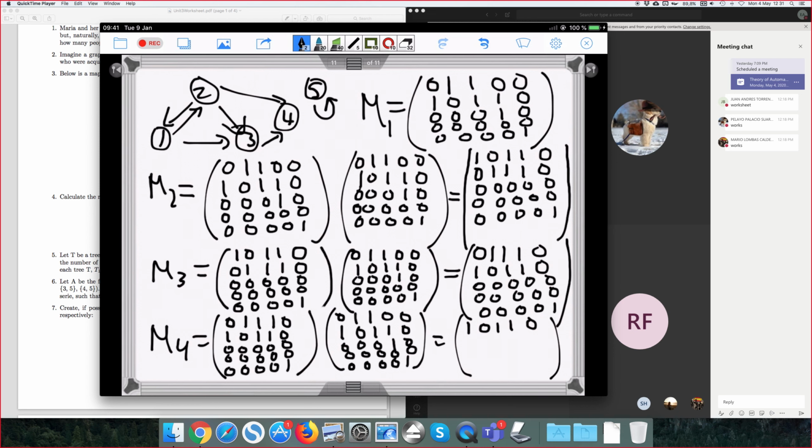Is that correct? Yes, okay. And then the first and the third and the fourth, which is 0 1 1 0 1, and these are zeros, zeros, and ones.